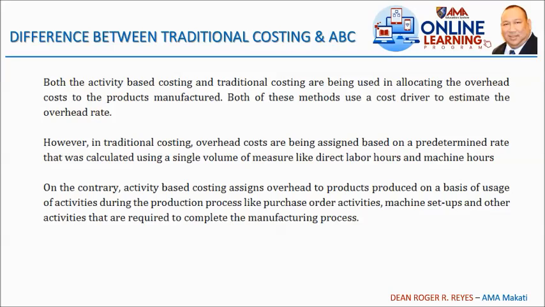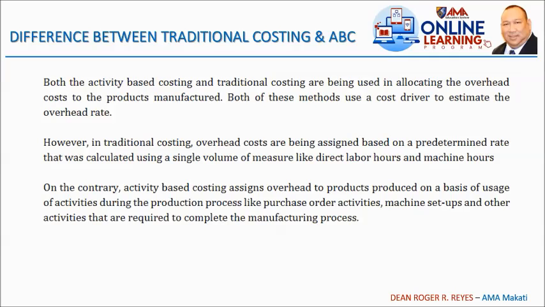apply it. So to continue, both activity-based costing and traditional costing are used in allocating the overhead cost to the products manufactured. Both of these methods use a cost driver to estimate the overhead rate.